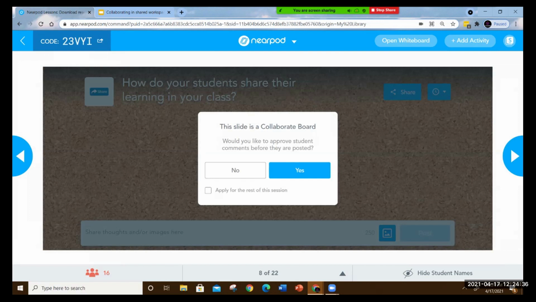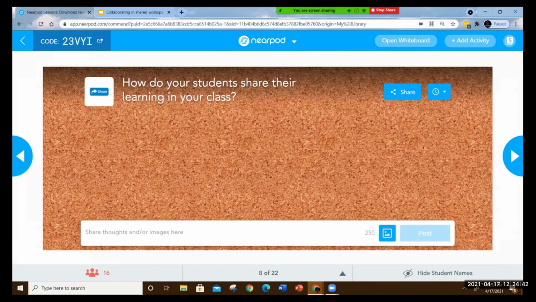Now, this is what we call a collaboration board. It's our big word of the day, right? So the question is, how do your students share their learning in your class? You can either type your answer in that white bar at the bottom of the screen.